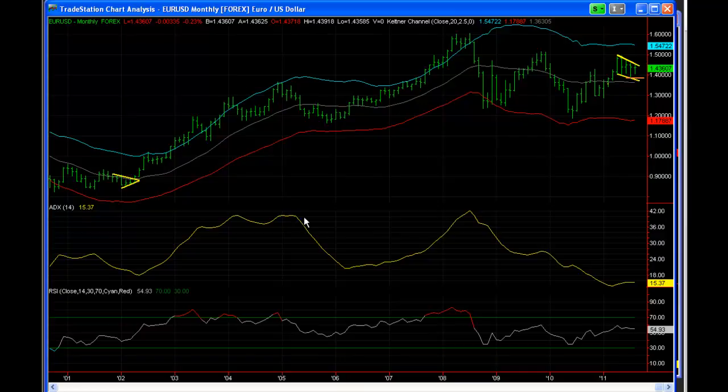Okay, so let's talk about the ADX a little bit. I use the ADX as a measure of volatility. How the ADX works is it's scaled from 0 to 100, and the higher the reading, above 25, some say above 30, if the ADX is moving higher, that's suggesting there's a strong directional trend in the market that you're measuring.